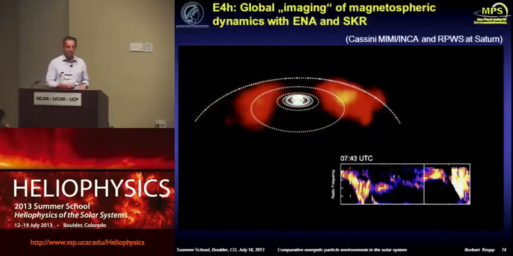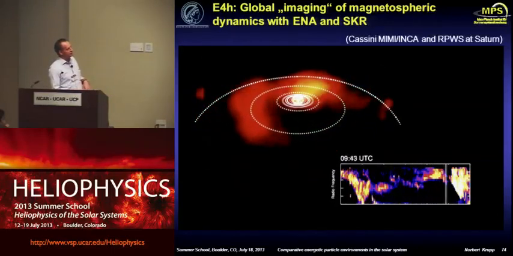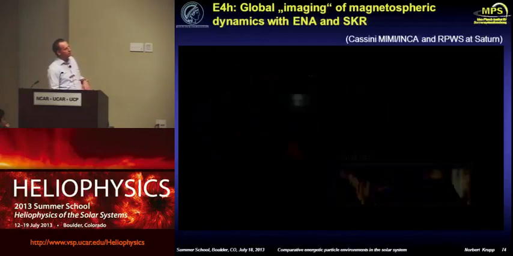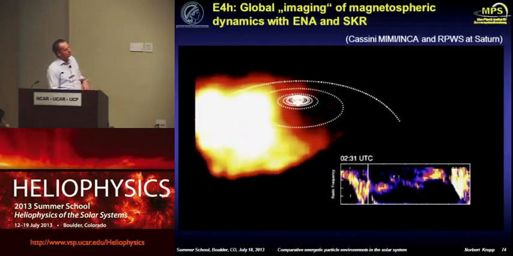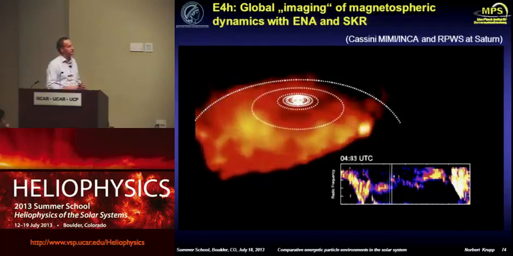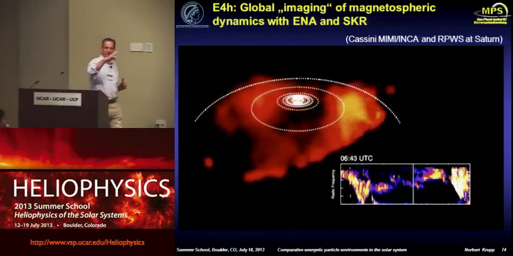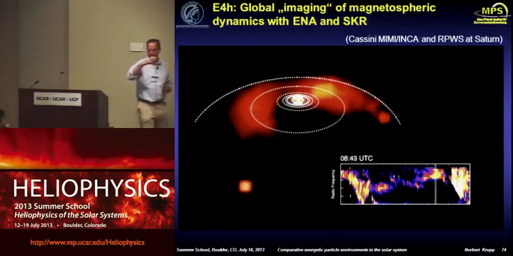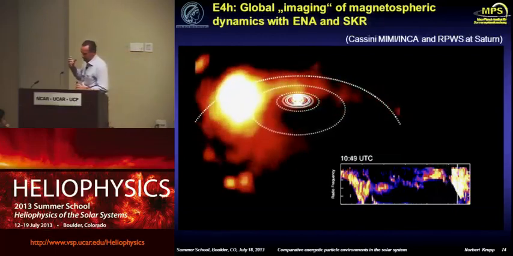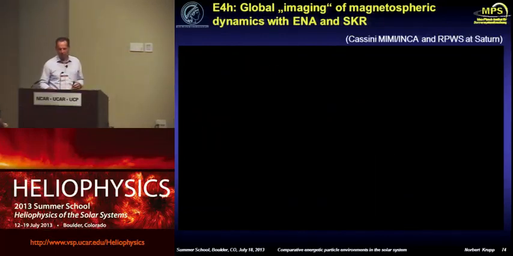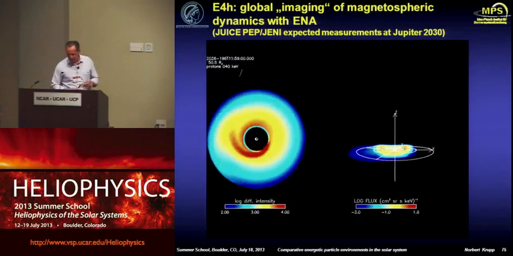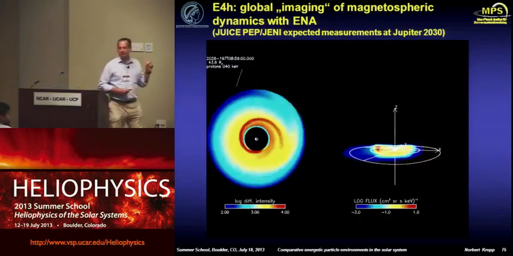At the same time, you see that the radio wave instrument on board has also enhanced emissions there. So this is the first ever global configuration map, so to speak, or an image, a movie of what is going on in the ring current region of the Saturnian magnetosphere.